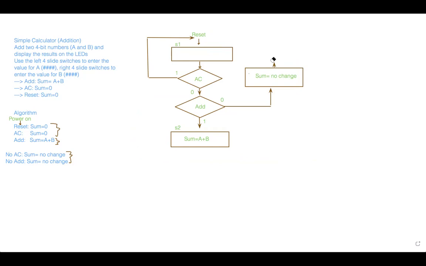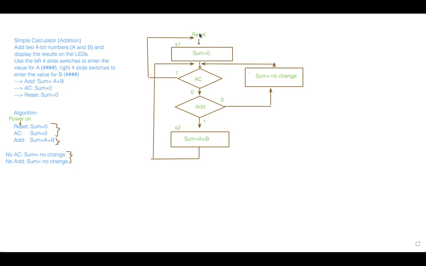If after the no change we go immediately back to check if it's clear or add, and then also for the sum, we can go back and check after the state, did the user press clear or did they press add? And so you can go straight back up here. So we can just simplify this diagram very simply, make it nice and neat. So basically we run through all the specific examples here, and this is a more simplified version, which I like, instead of repeating elements.